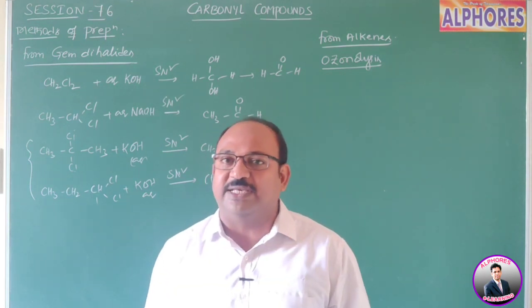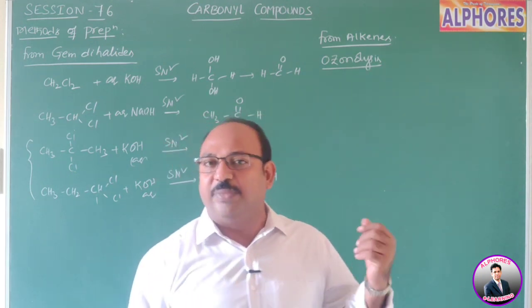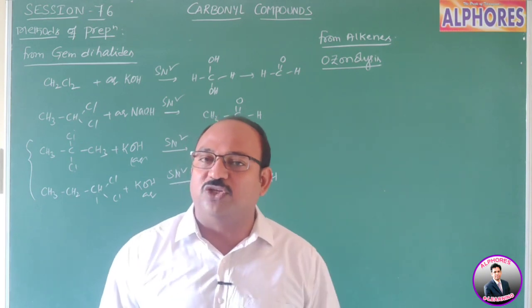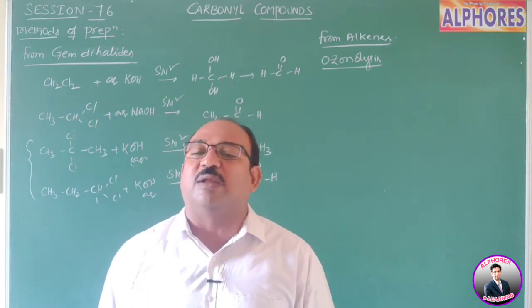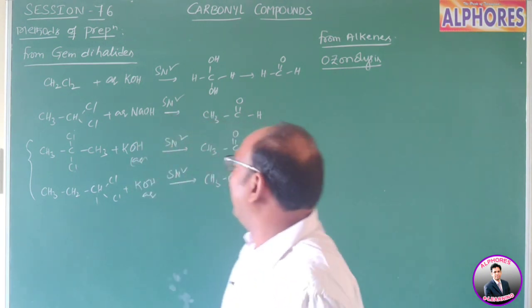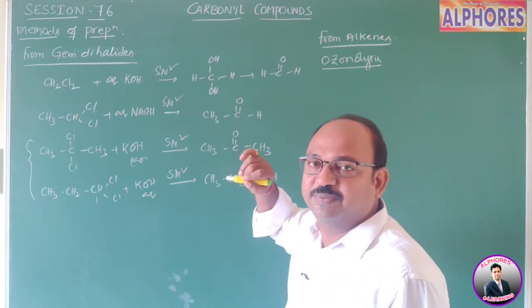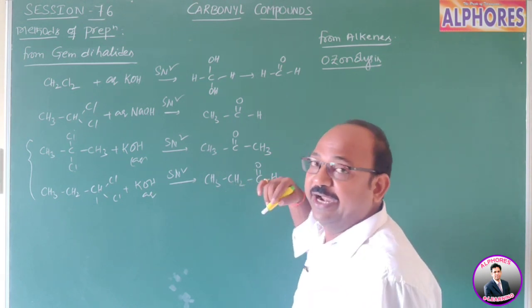Whether the given compound is saturated or unsaturated we come to know by using bromine water or Bayer's reagent, simply by the change of color. Whereas in ozonolysis you can find out between which two carbon atoms the unsaturation is. So let us see. During ozonolysis, first there is addition of ozone followed by hydrolysis.